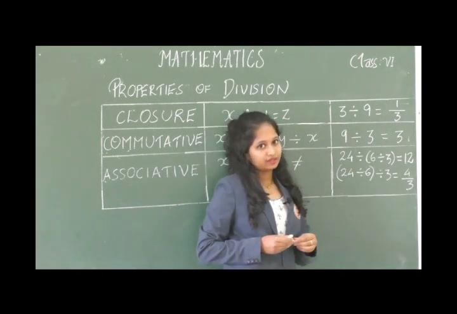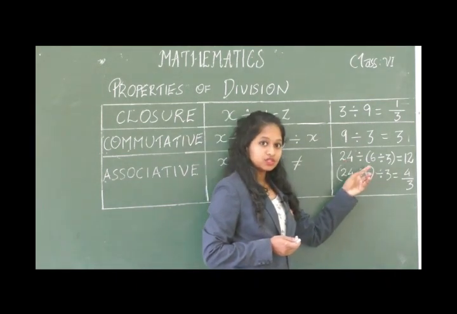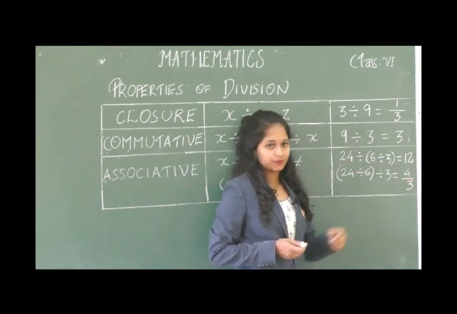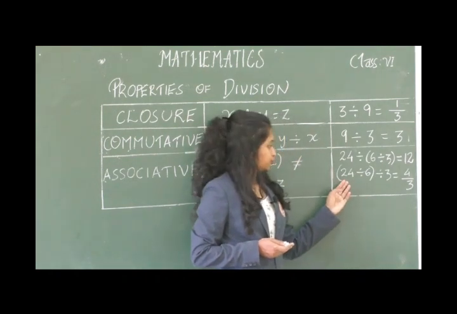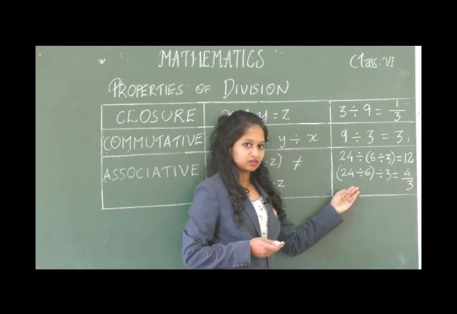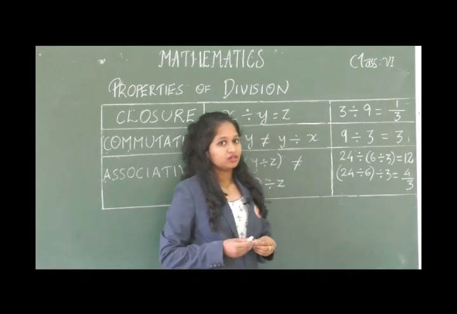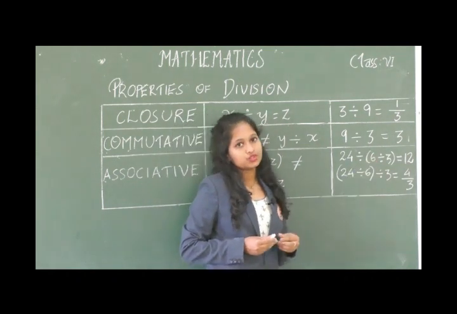First you do 6 by 3, you get 2. 24 by 2 is 12. And next, 24 by 6. 24 by 6 is 4. 4 by 3 is not equal to 12.